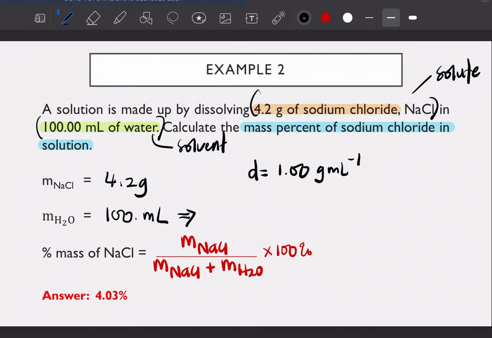Okay, so how? This means density is mass over volume.